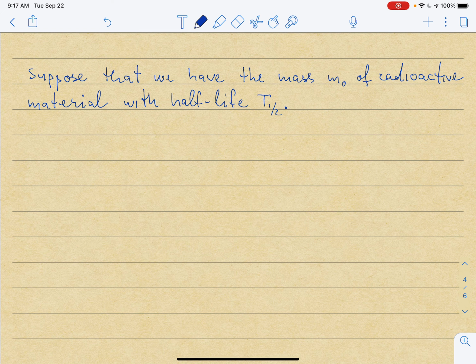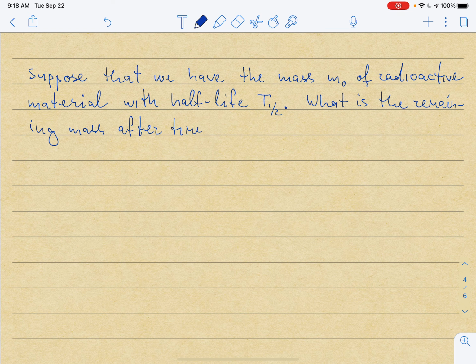What is the remaining mass after time t has elapsed?